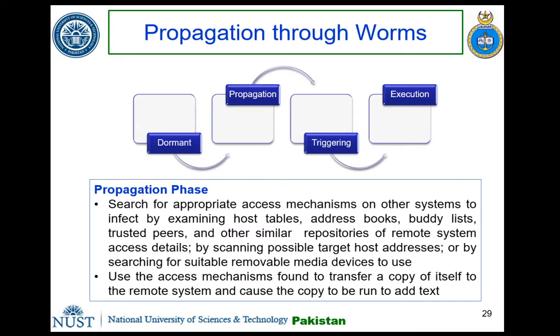Use the access mechanisms found to transfer a copy of itself to the remote system and cause the copy to be run. The worm may also attempt to determine whether a system has previously been infected before copying itself to the system.